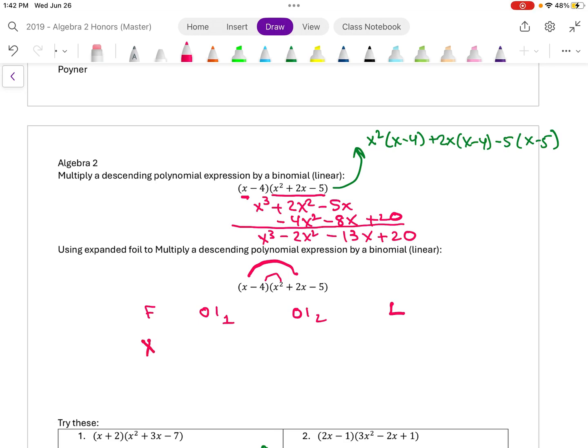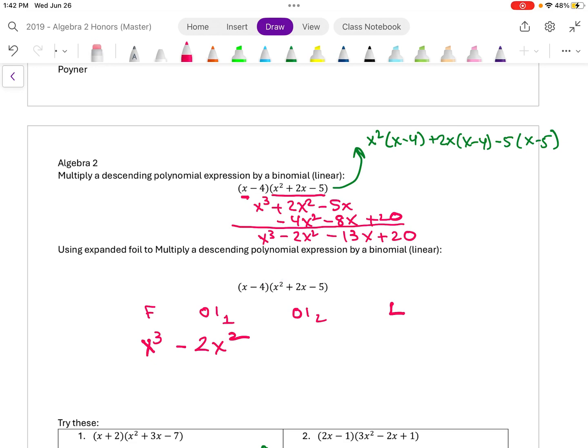So the first thing we're going to do is multiply the first 2, which is x cubed. Then we're going to do the set of outer and inner. So look, they are going to be like terms. So the outer is going to be 2x squared, and the inner negative 4x squared. Combined in my head gives me negative 2x squared.